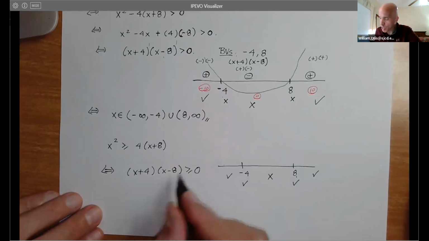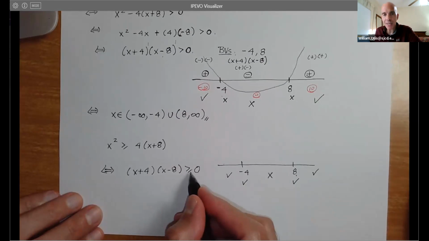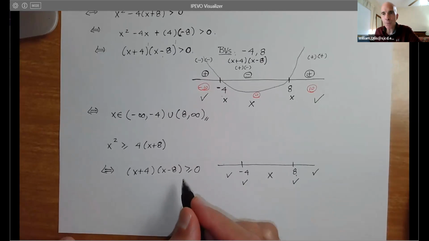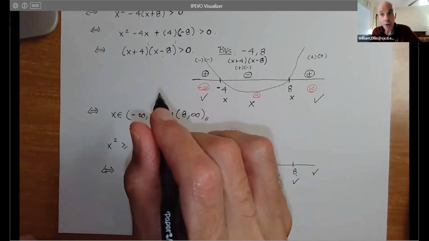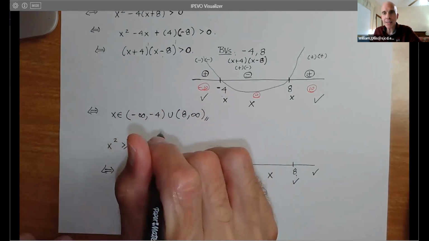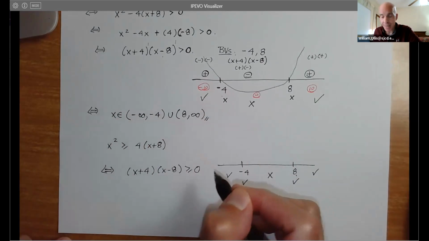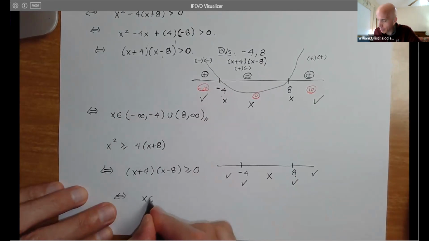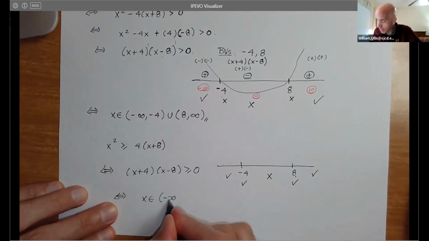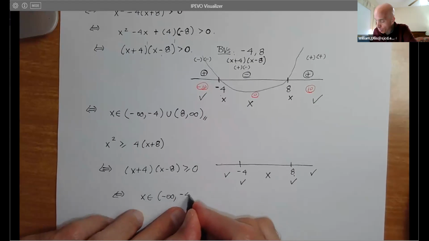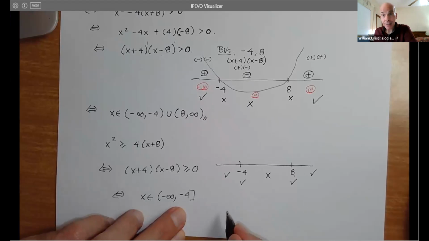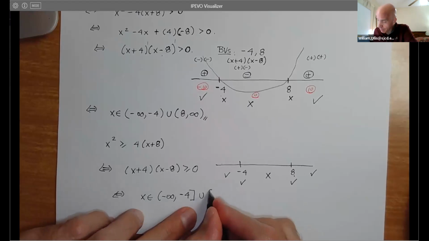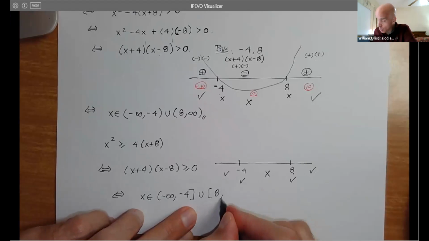And so now just by changing this, and we need to be careful when we're doing word problems, is it greater than or equal to? Do the words say that we need equal to? So keep that in mind. So now we can say x is an element of negative infinity to -4 bracket, union 8 bracket, again including 8, to infinity.